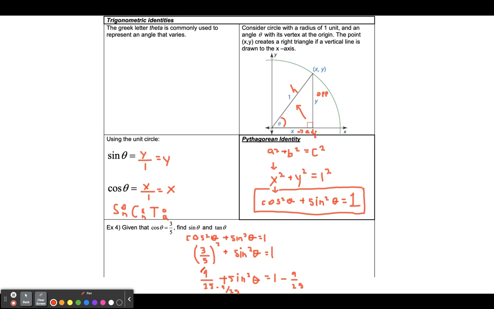So the 9/25ths cancel each other out. And then on this side, 1 take away 9 over 25. I'm going to rewrite the 1 as 25 over 25 to make my denominators the same. So 1 is 25 over 25, take away 9 over 25. And that's going to give me 16 over 25.